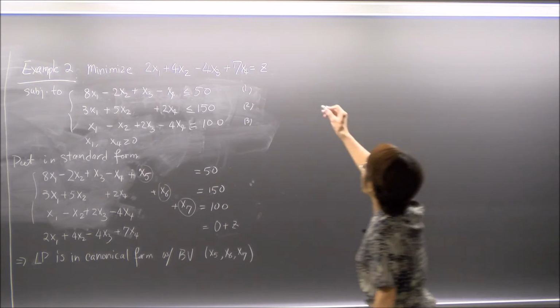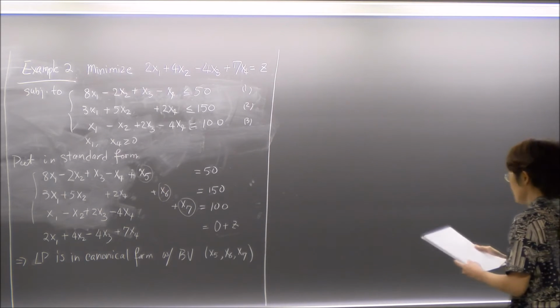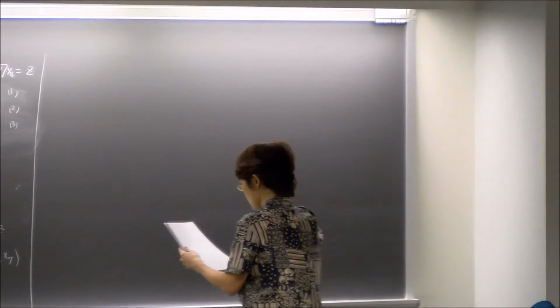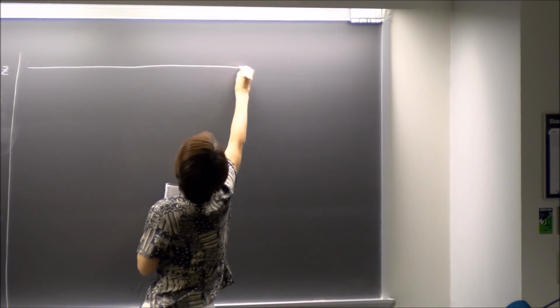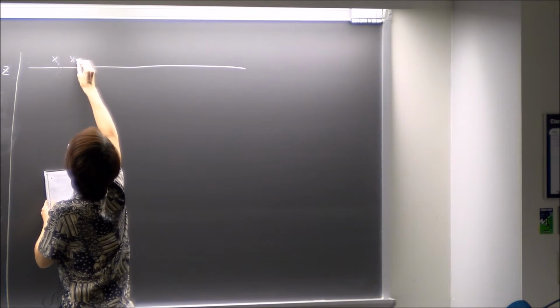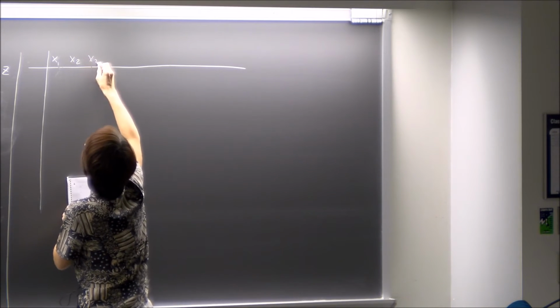Okay, let's set it up in the Tableau form. Okay, so I have to write in very lined up and straight form. So, okay, x1, x2, x3. I have so many.